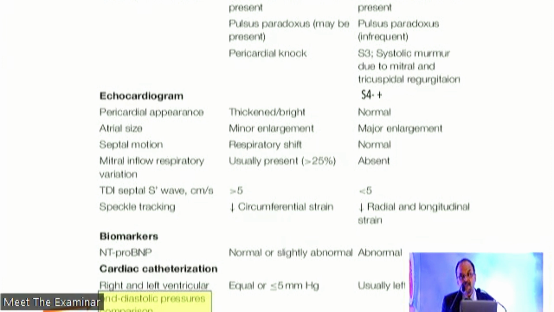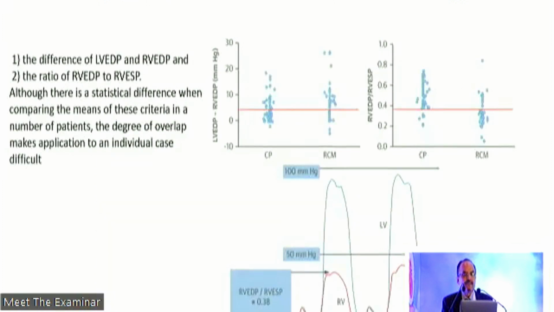So typically, if your patient has an NT-proBNP which is more than 200, it virtually rules out constrictive pericarditis. And typically, the NT-proBNP levels in typical restrictive cardiomyopathy are around 5 to 600. And the reason is that there is atrial enlargement which is there in restrictive cardiomyopathy.